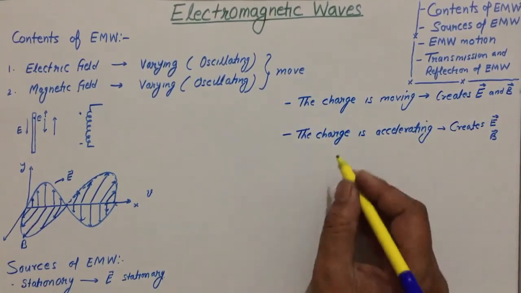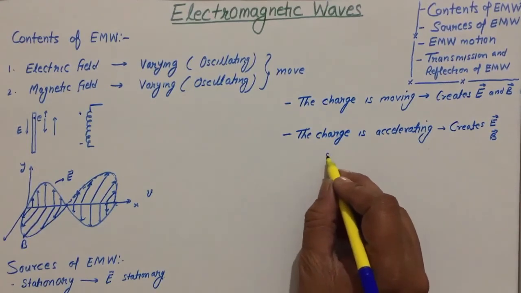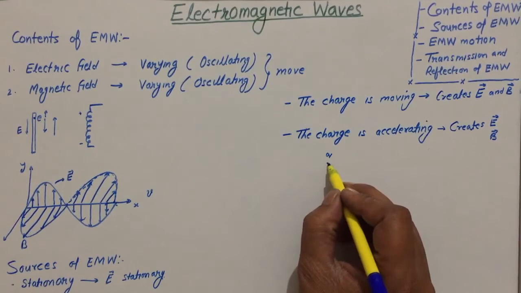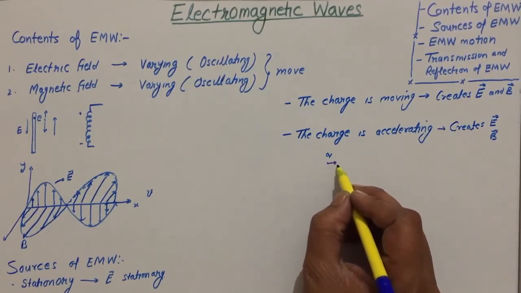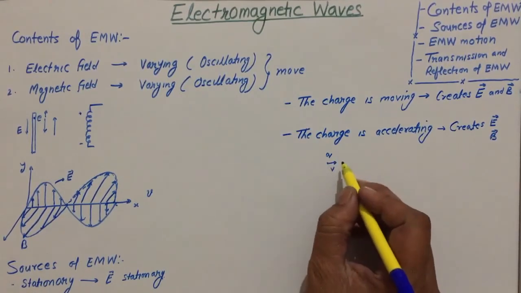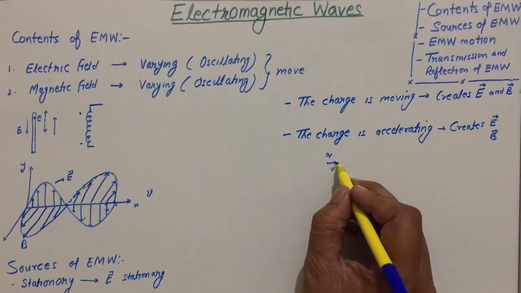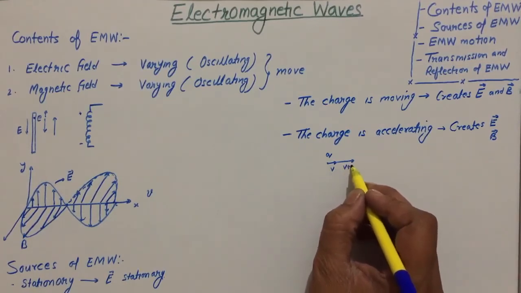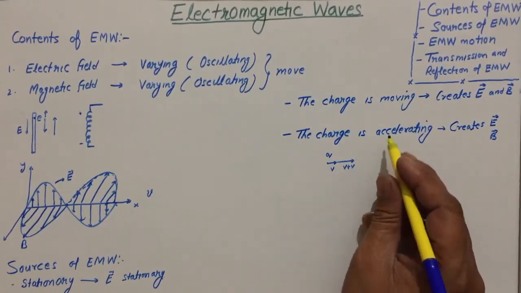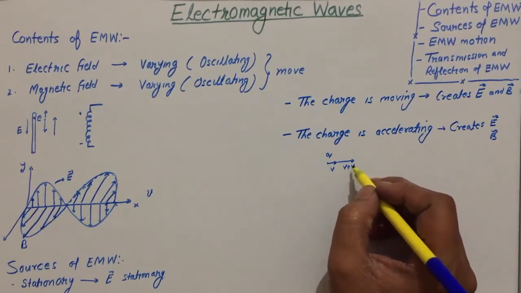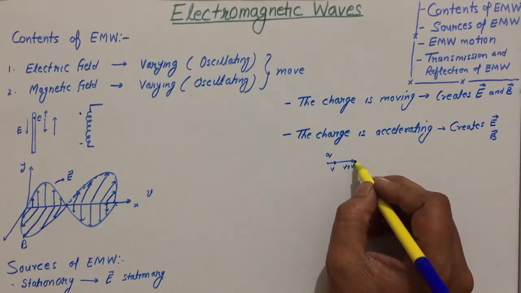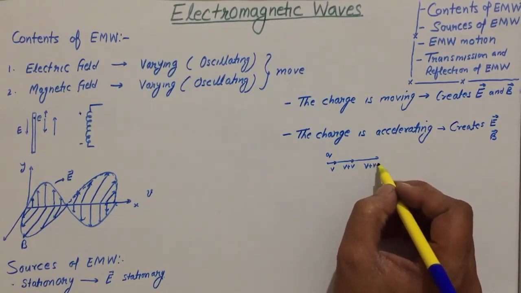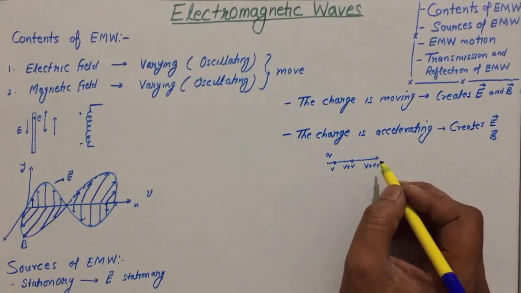For example, there is the charge Q. It moves with a velocity v, and at another moment the velocity increases and it becomes v plus some other v, and at next moment it becomes some other v, and so on.